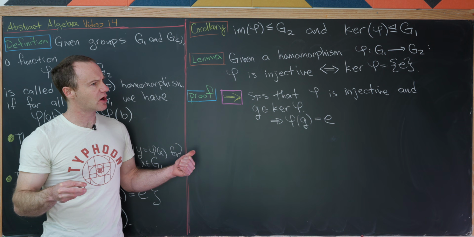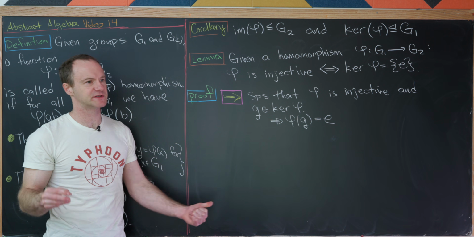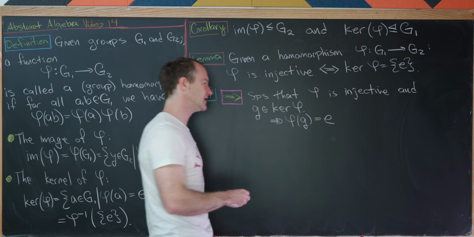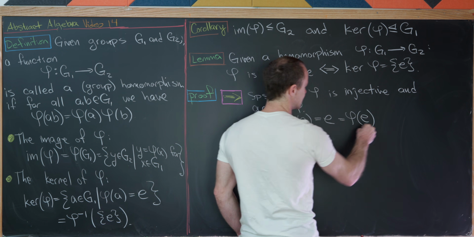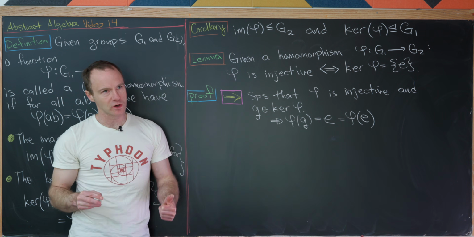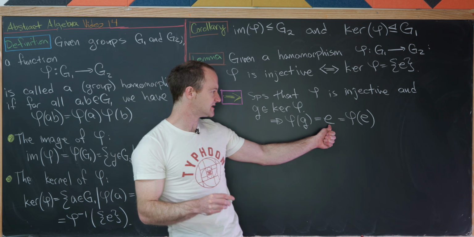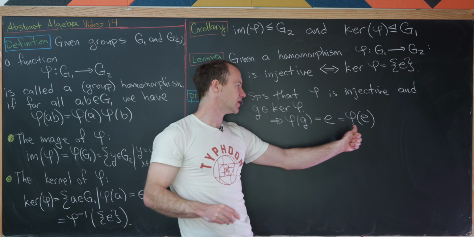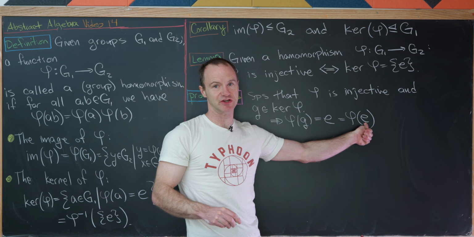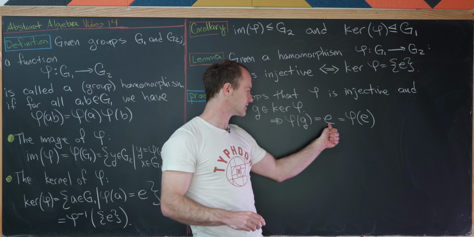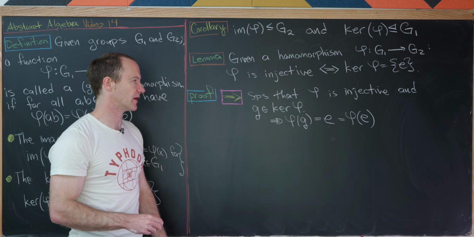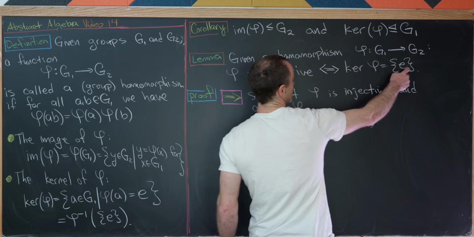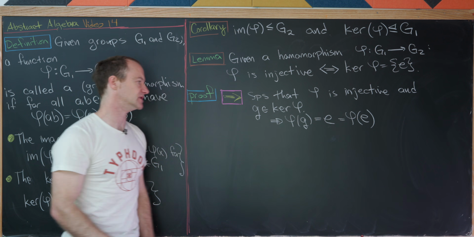Oh, but if you recall from properties of homomorphisms that we proved a few videos ago, the identity is always sent to the identity. Of course, we have to worry about context here. This is the identity inside of G2, whereas this is the identity inside of G1. So if you want to subscript these with 2 and 1, you can, but I don't think we really need to worry about that. That being said, this would be subscripted with 1 if we needed to do that.